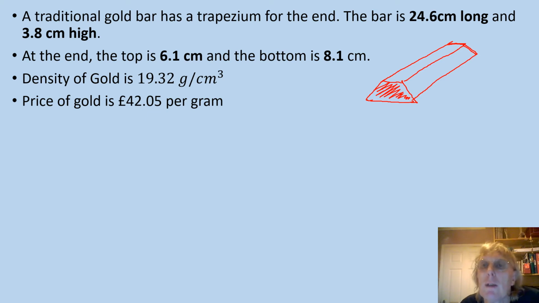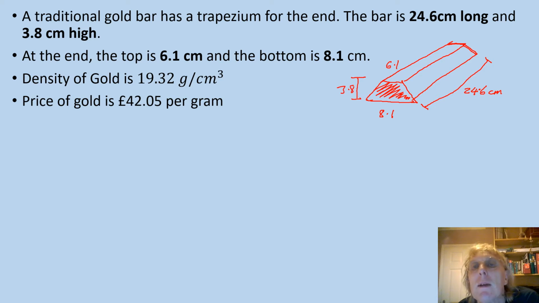The first thing we've got to find is the volume of this gold bar. To find the volume, it's basically the area of the trapezium times the length. The length I've said is 24.6 centimeters. And this trapezium on the end is 8.1 at the bottom. I'm not going to write centimeters because I haven't got enough room. I've got 6.1 across the top, and it's 3.8 centimeters high.